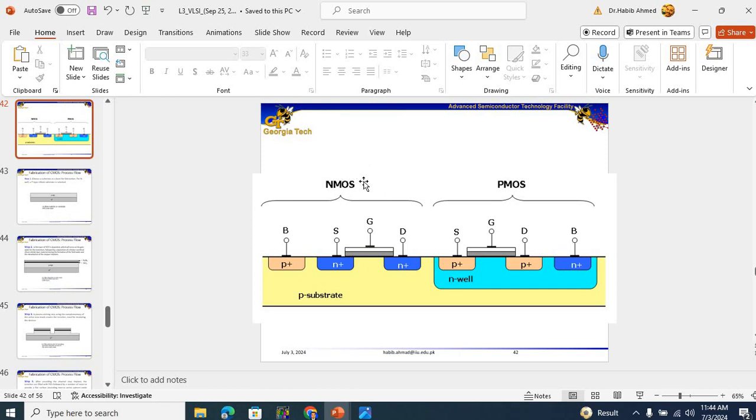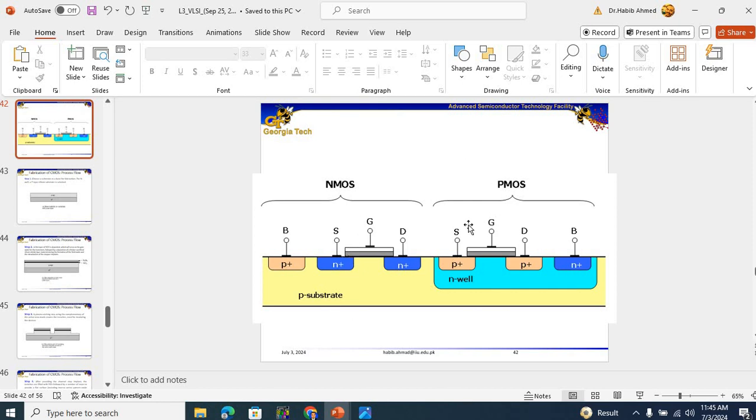These transistors are N-channel MOSFET and P-channel MOSFET. The combination of N-channel MOSFET and P-channel MOSFET transistors are fabricated on a single substrate, typically silicon, and they are widely used in digital circuits, memory chips, microprocessors, and other semiconductor devices.